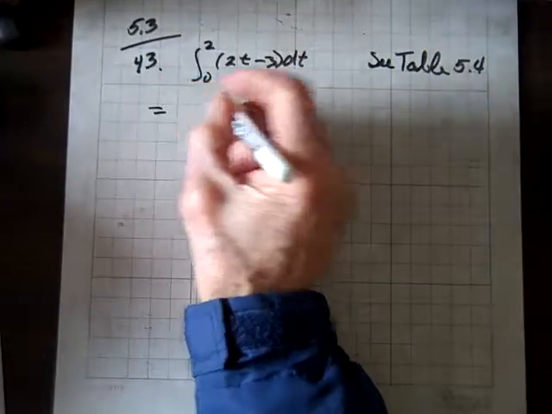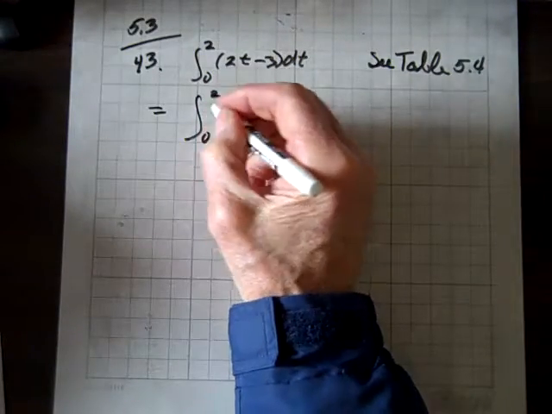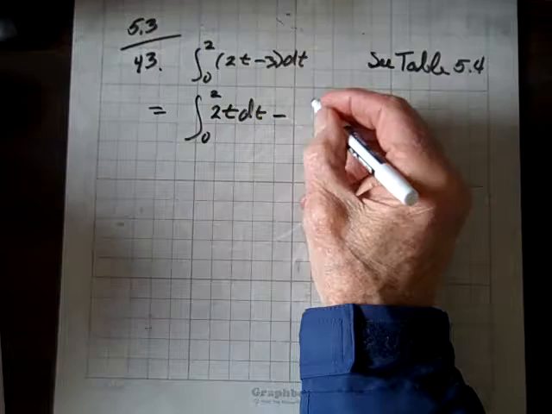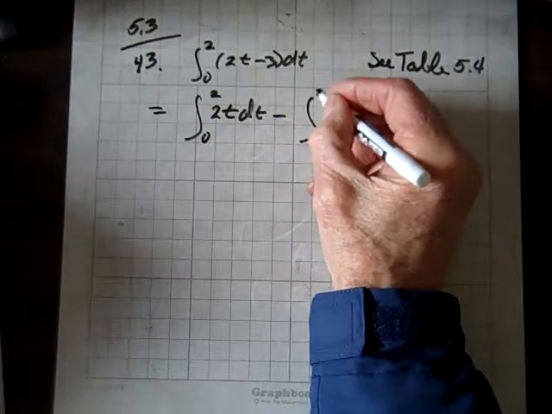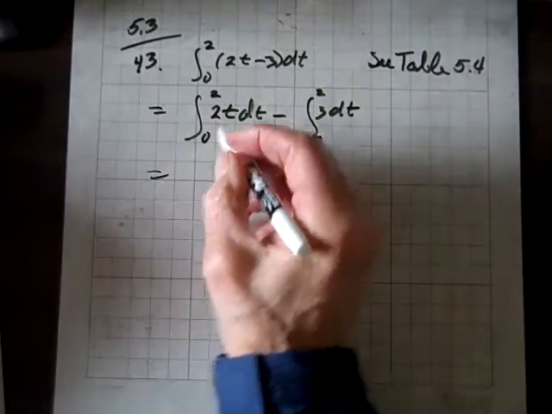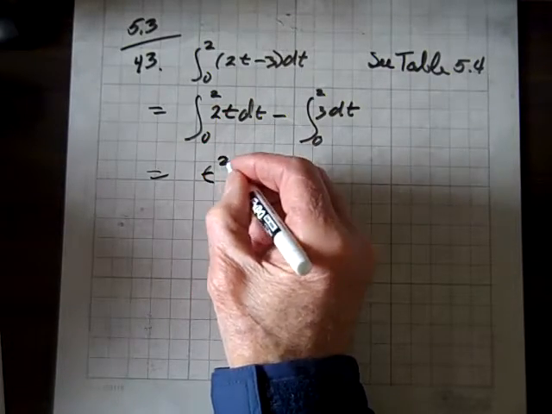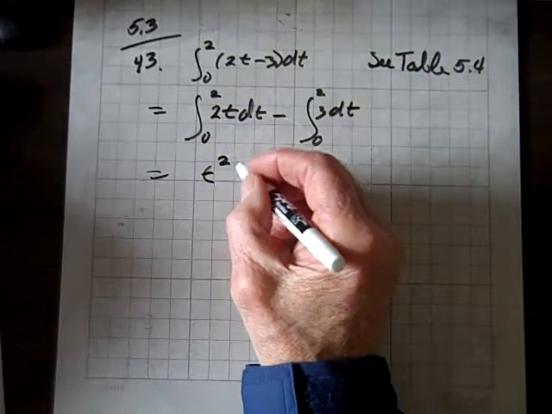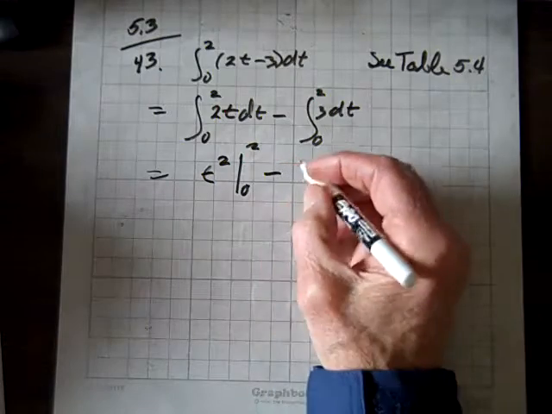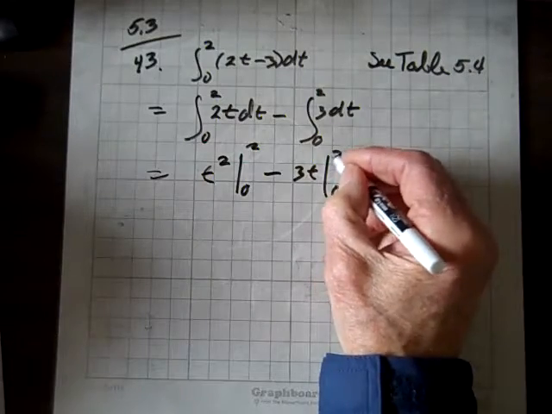So according to those rules, we can break this up into two integrals and have the integral of 2t dt minus the integral from 0 to 2 of 3 dt, and that equals t squared evaluated from 0 to 2, minus 3t, and we're going to evaluate that from 0 to 2.